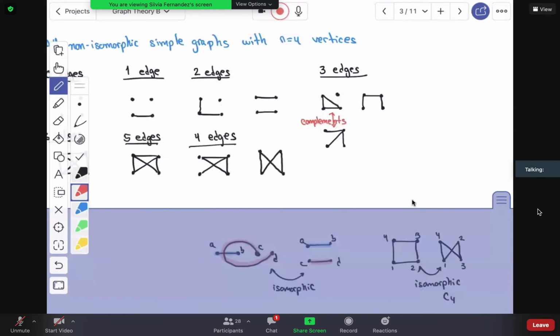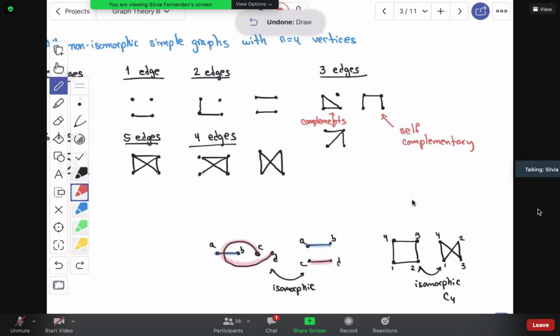And this one is self-complementary, I guess. If you draw the complement, it's another path. They are the same. I can also write it here.